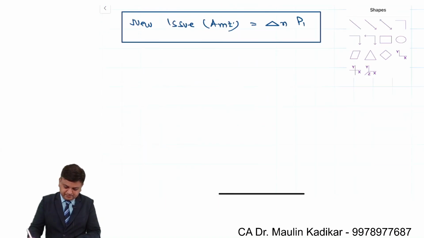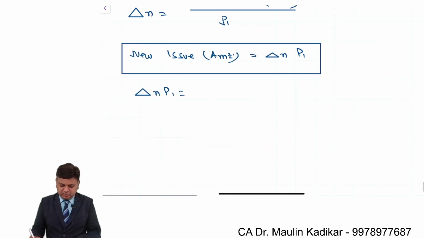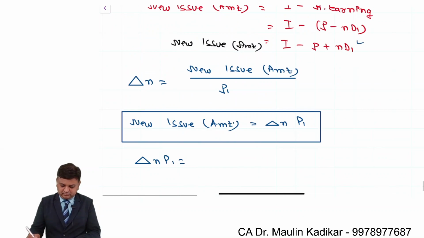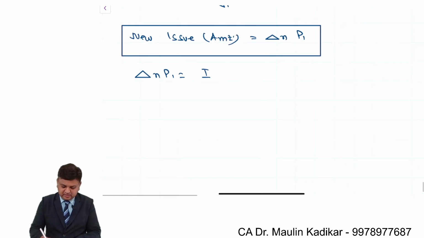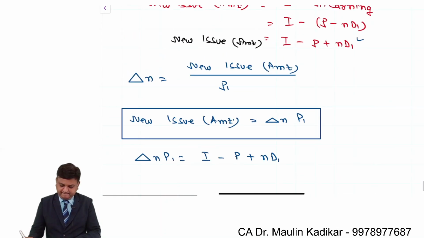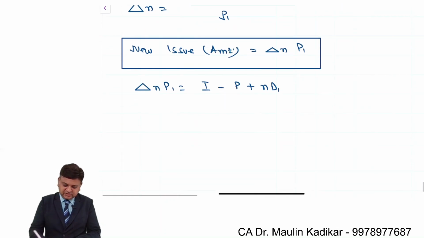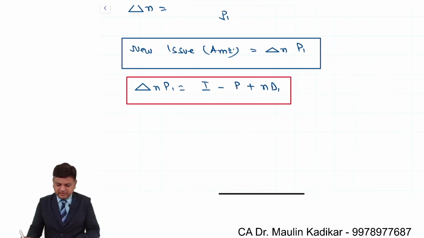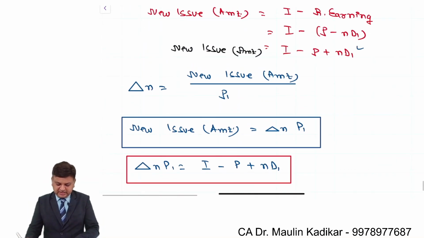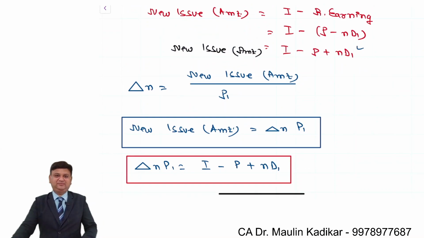So delta n into P1 is equal to I minus P plus nD1. This is equation number 1, which is going to be helpful to us later on in the derivation of the formula.